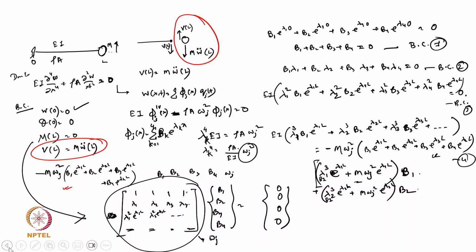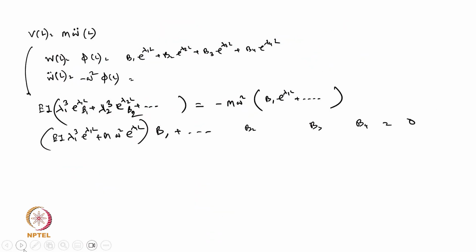So in the first equation, once you substitute, your first equation will become like V1 into cos lambda x plus V2 into sine lambda x plus V3 into cos hyperbolic lambda x plus V4 into sine hyperbolic lambda x, that will be equal to 0. So maybe that will become my first equation.